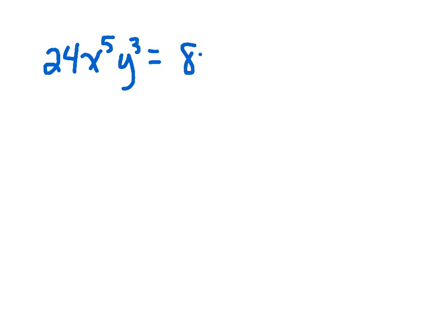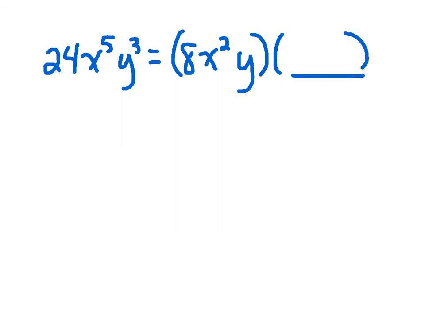There is one other aspect to tonight's homework, which I find that kids are usually pretty intuitive about. If I say 24x to the 5th y to the third is equal to 8x squared y times what number? And I ask you to find that mystery number. There are a few ways of thinking about that.